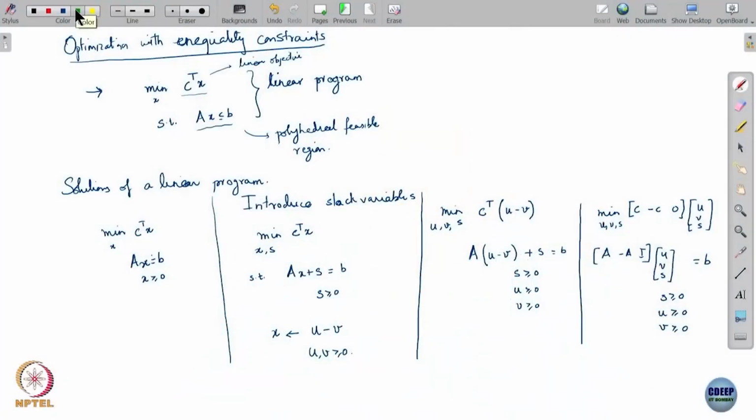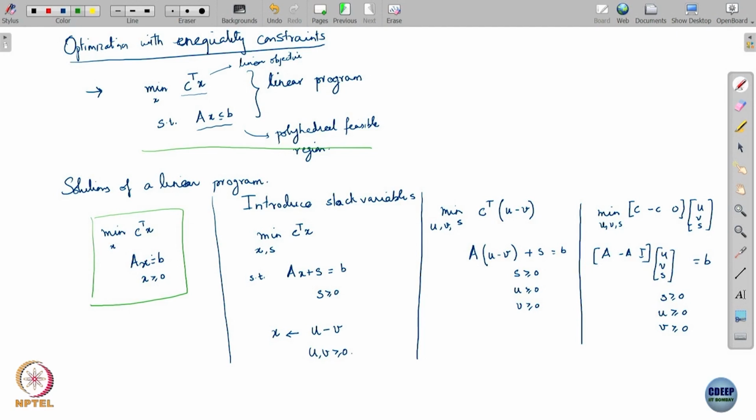What the conclusion from this is, is that if I give you any linear program like this, which is optimizing a linear function over a polyhedron, after some transformations I can bring it down to this sort of form.